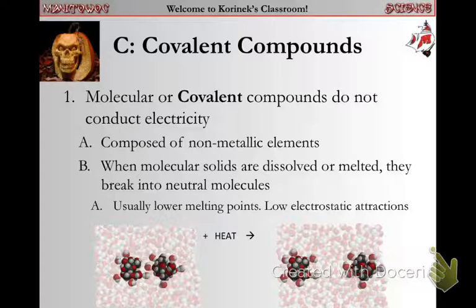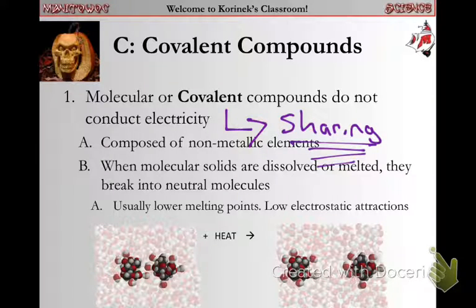This breakage can occur at pretty low melting points because the attraction that originally bonded the 2 molecules together was relatively low. And I want to go back to what I said previously, that covalent compounds themselves are formed not by the transfer of electrons, but by the sharing of electrons. The transfer of electrons would create ions. Sharing of electrons does not. It forms a more symbiotic relationship between the 2 elements that are involved, and they oftentimes will stay together.